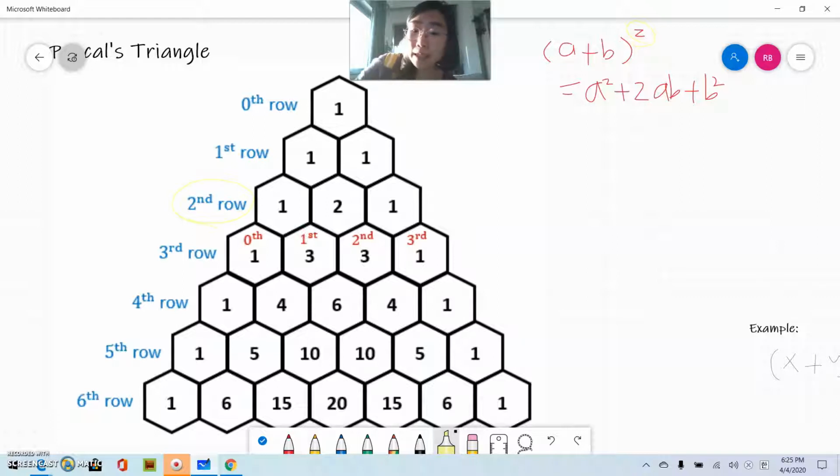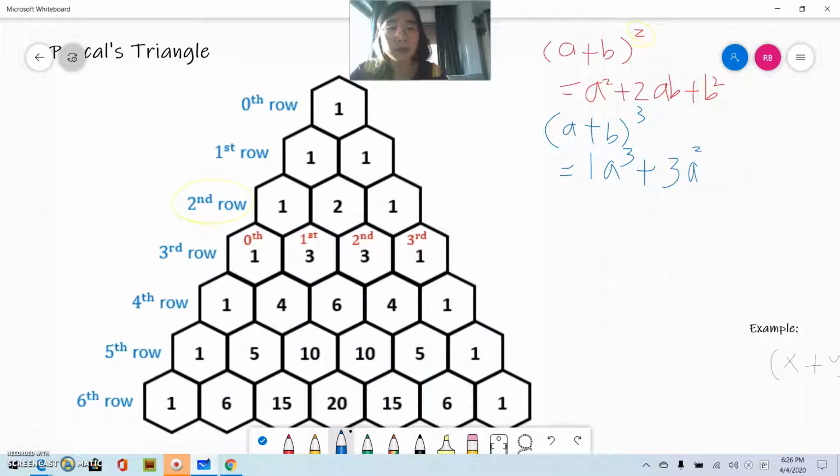So if we have (a + b) cubed, this will follow the third row, which goes 1a cubed plus 3a squared b plus 3a b squared plus 1b cubed. So the coefficients are 1, 3, 3, 1, just like we see in Pascal's triangle.